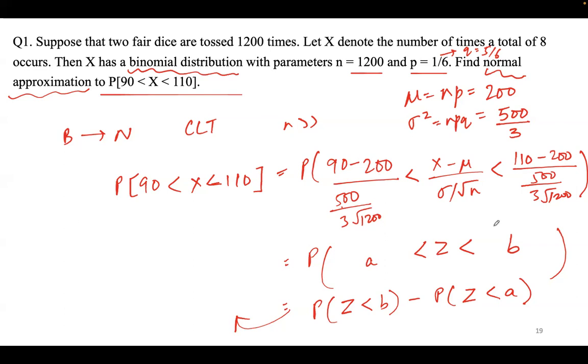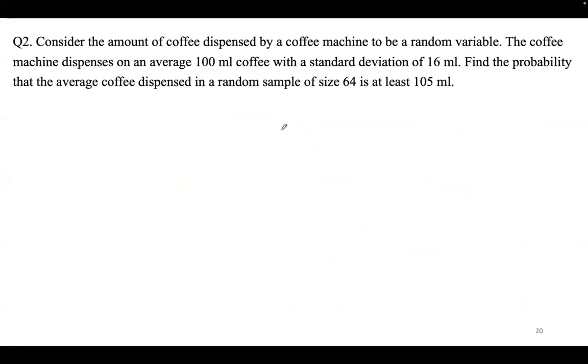All right. The next question is also very similar, so I would like you to tell me what values I fit where. Consider the amount of coffee dispensed by a coffee machine as a random variable. It dispenses 100 ml of coffee with 16 ml of standard deviation.